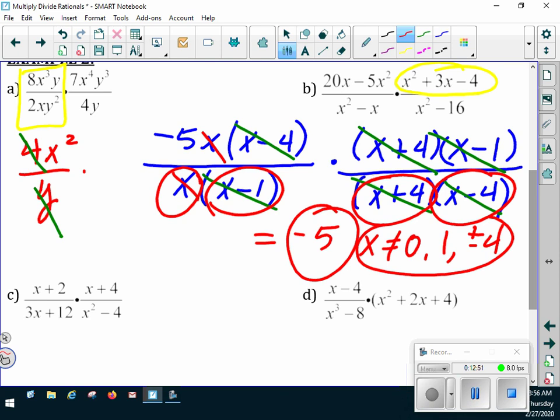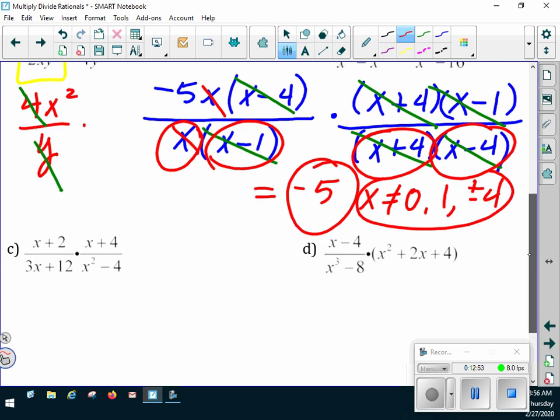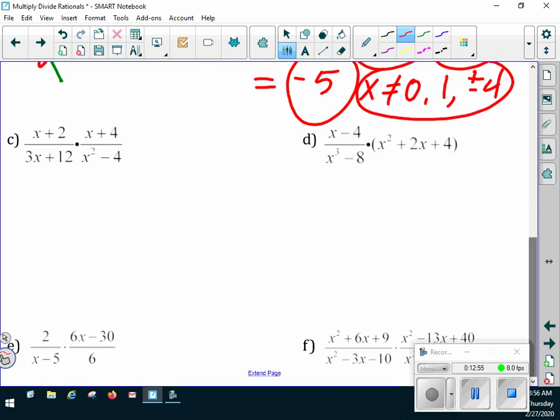Okay. Let's look at C. All right. Do you see any factoring that we can do? None in the top? Okay. So x plus 2 over what?